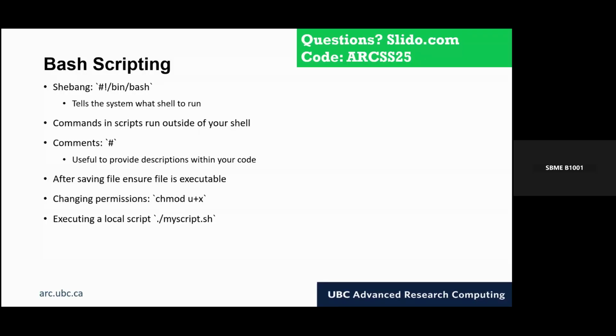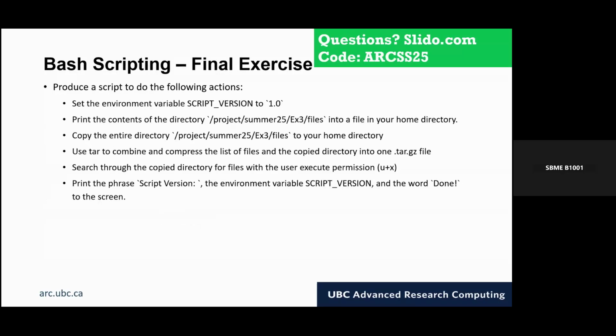And what we have for our final exercise is I'd like you to produce a script that does the following 6 things. It sets an environment variable within the script of SCRIPT_VERSION to 1.0. It prints all the contents of the directory project summer 25 ex3 files and writes that into a file in your home directory. You copy the entire directory to your home directory.